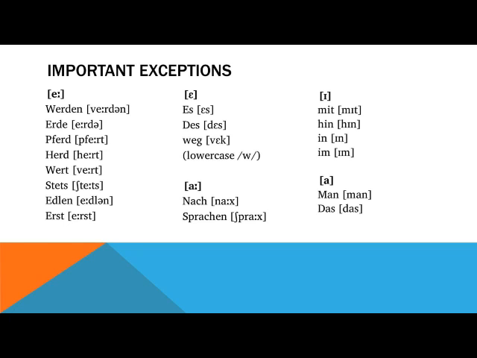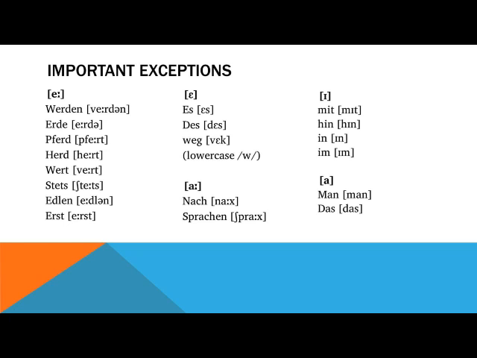And then for the open e sound, we have it in some small function words as we talked about, but here it is: es, des, weg. And this weg one, this last one, it's only when it's a lowercase w. When it's capital, it's a noun, and it's Weg, which means path. Weg means get out of here. Weg. That's a lot of fun to say.